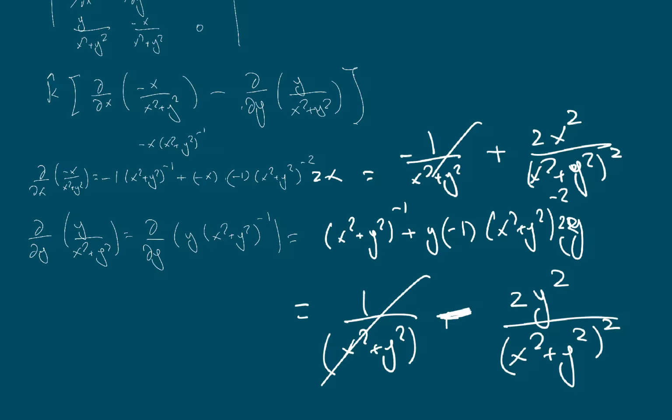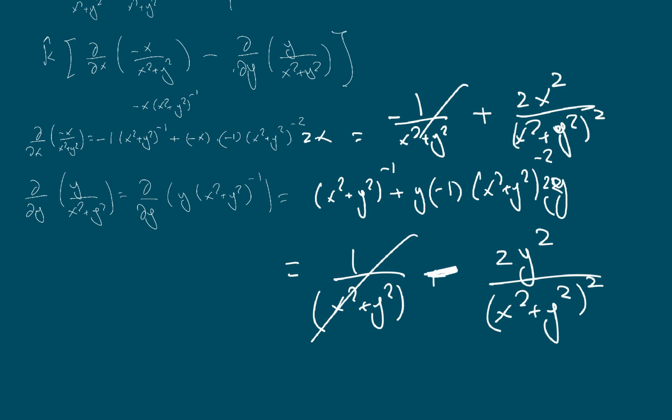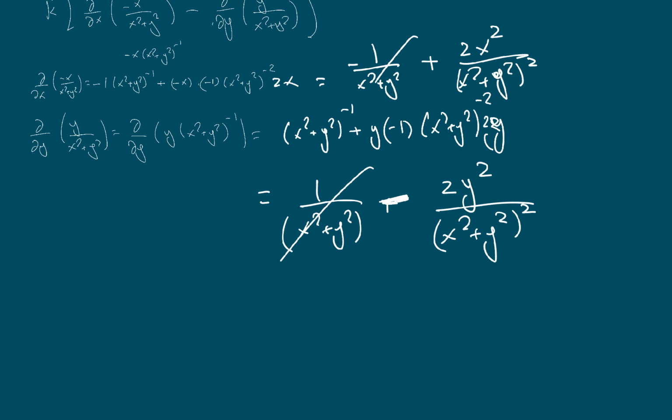Wow. We need to do it. I see now. It's conservative because it's minus 1 divided by x squared plus y squared, I'm copying from here, plus 2x squared divided by x squared plus y squared, squared.